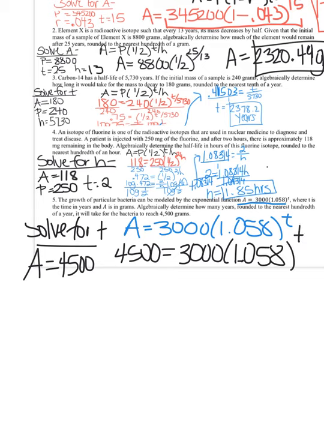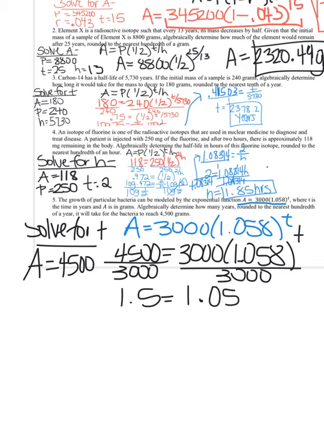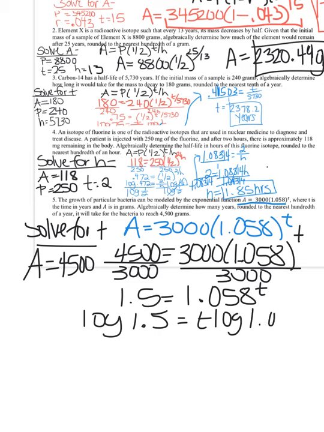Your variable is in the exponent, so you need logs. So you divide both sides by 3,000 to start. You get 1.5 equals 1.058 raised to the T power. Take the log of both sides. Log of 1.5 equals T log of 1.058.